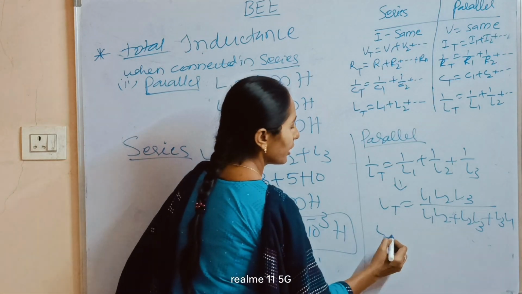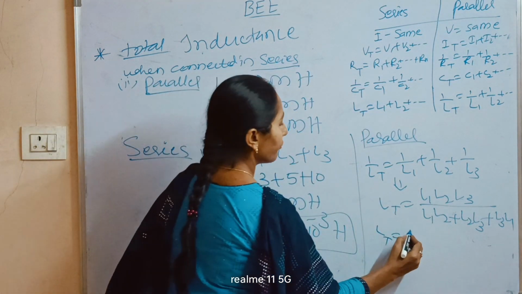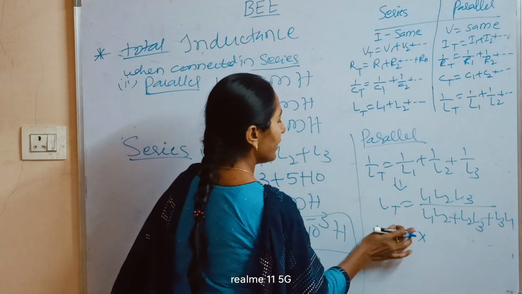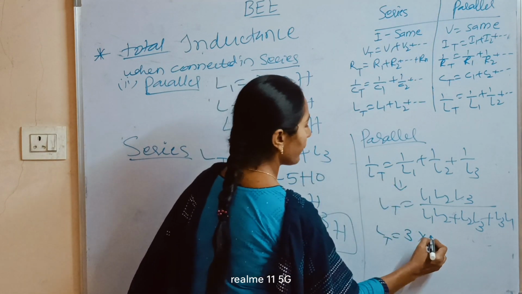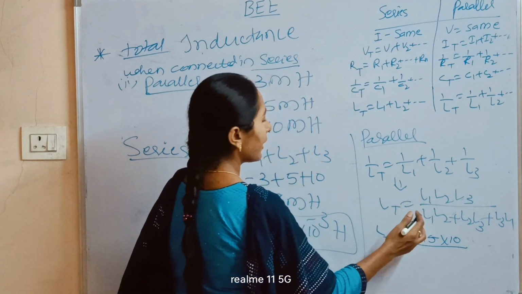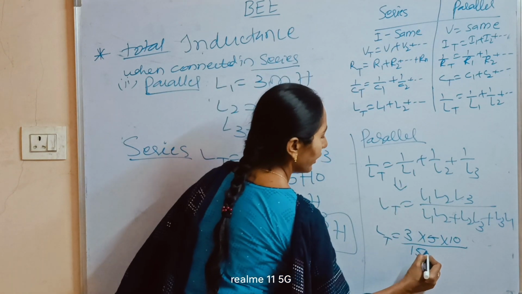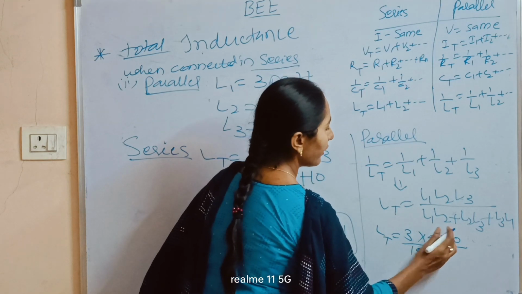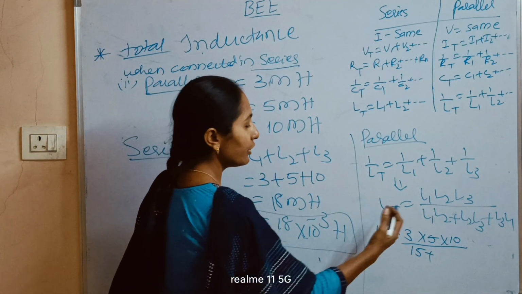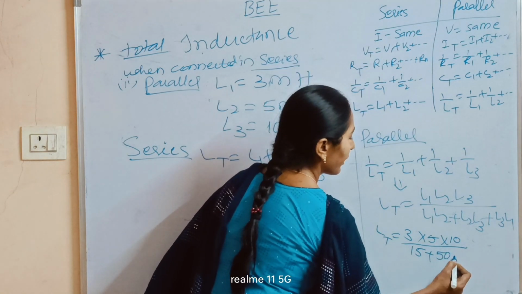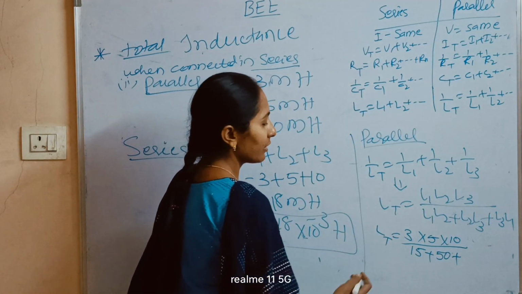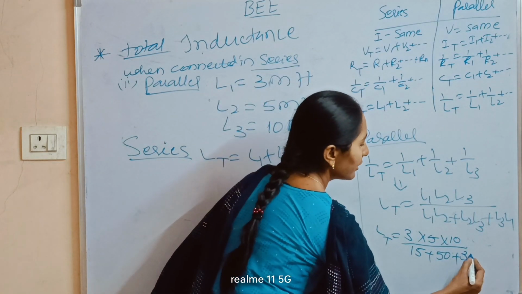So L1 is 3, L2 is 5 and L3 is 10, divided by 3 into 5, which is 15, plus L2 L3, 5 into 10, which is 50, plus L3 L1, 10 into 3, which is 30.